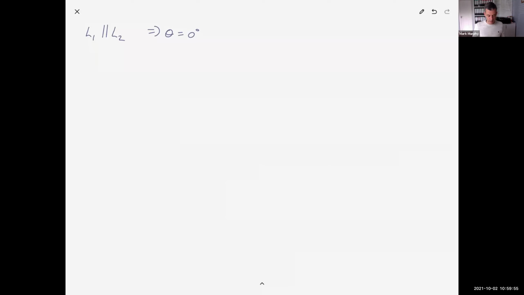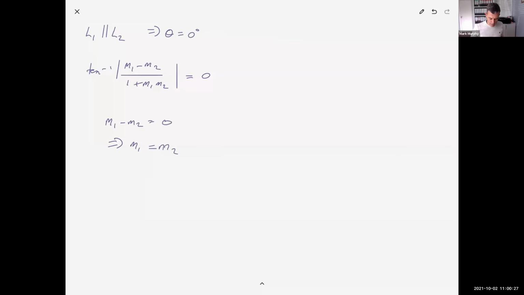So in other words, the tan inverse of m1 minus m2 all over 1 plus m1 m2 is equal to 0. So that means m1 minus m2 is equal to 0. Therefore, m1 equals m2. Okay, that makes sense, doesn't it?